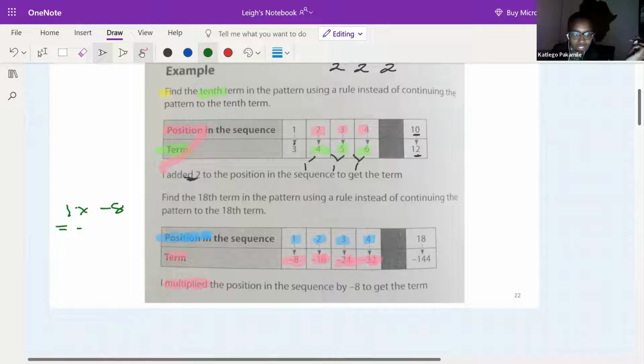And then you check, is term number 1 really -8? And it is, right? So our rule works. So term number 2 means you take the position, which is 2 times -8, which is -16. Position number 3 times -8 is -24, and so on.